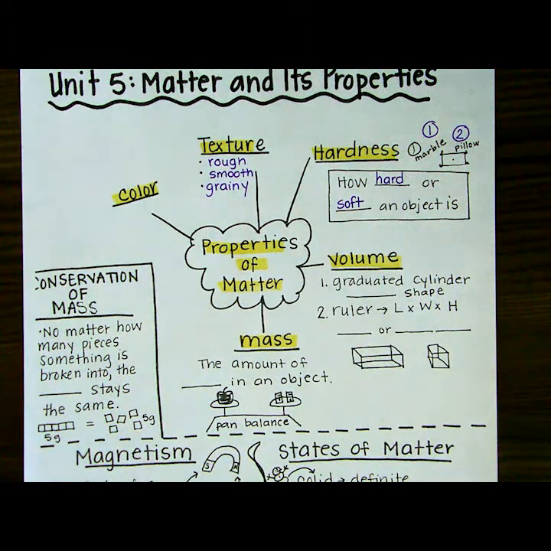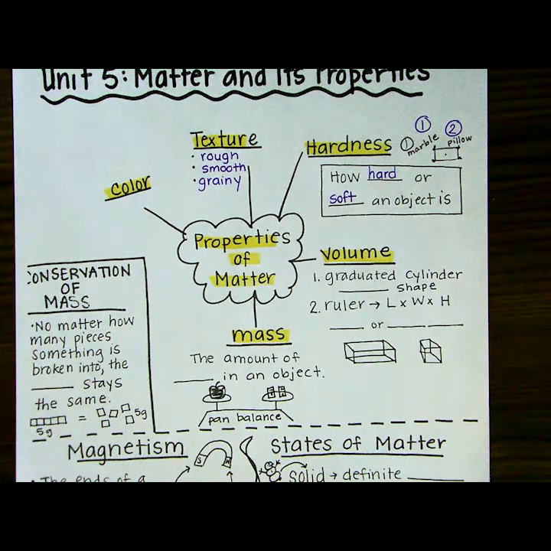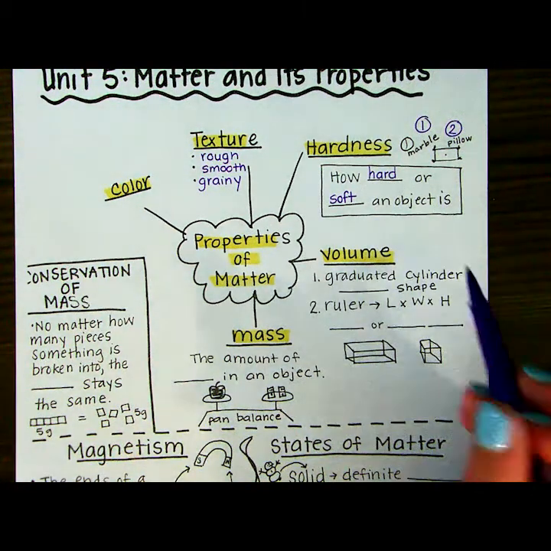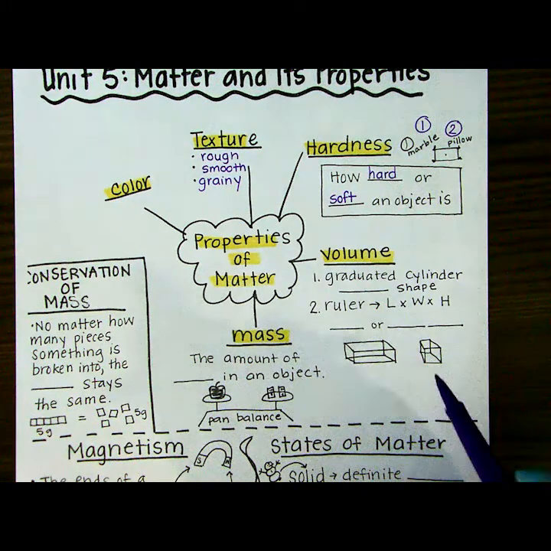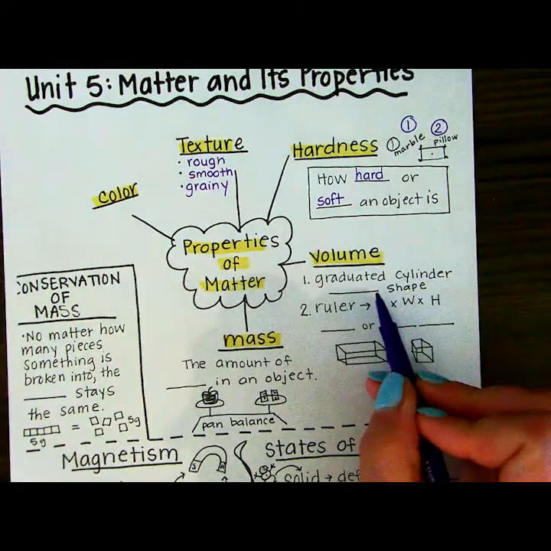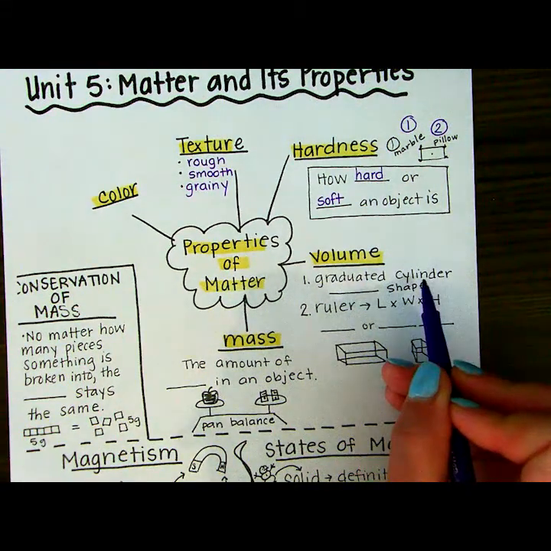The next property of matter that we want to go back and revisit is volume. I know that this is a very small space here on this sheet, but this is really important, boys and girls. We spent time talking about objects that were placed in a graduated cylinder to determine the volume.